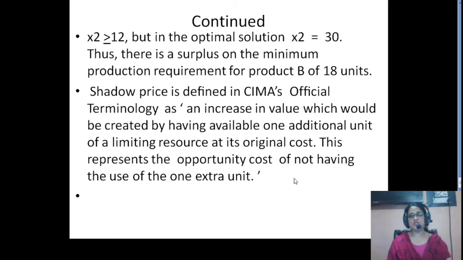So the next thing which you have to understand is the shadow price, right? According to CIMA's official terminology, shadow price is an increase in value which would be created by having available one additional unit of a limiting resource at its original cost. This represents the opportunity cost of not having the use of one extra unit, right?